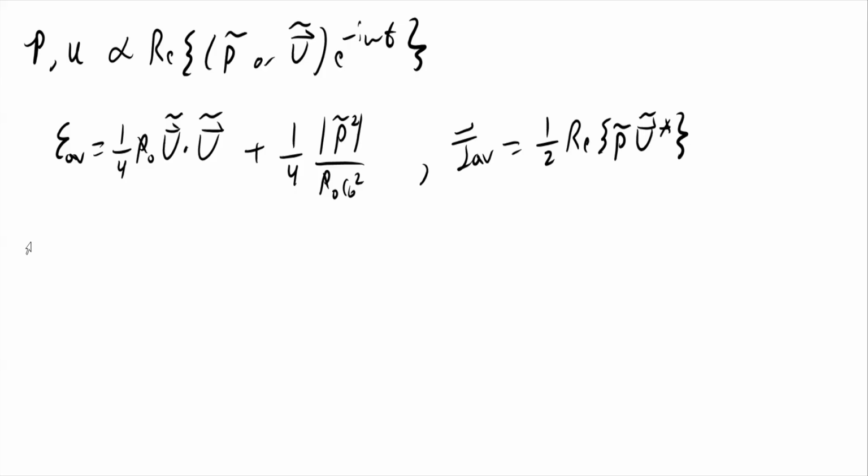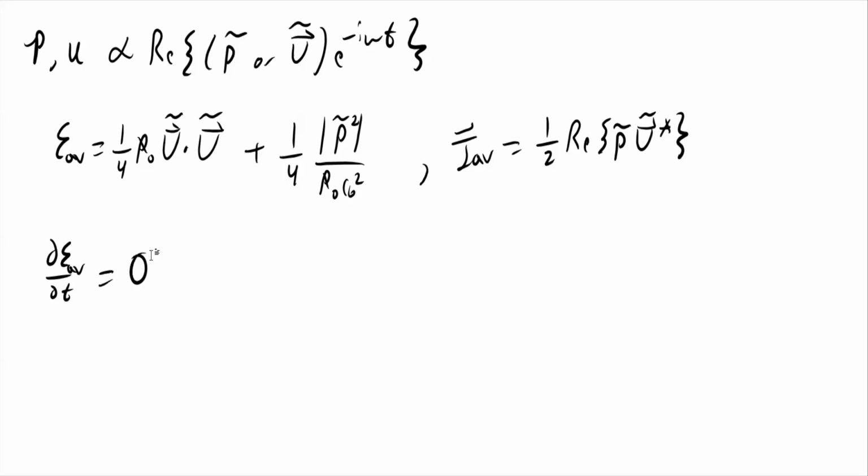Interestingly, if you take a time average of the time derivative of epsilon, that turns out to be 0, since the averaging time is either an integral number of half periods, which would mean it would be 0, or a very large interval, which we can then treat as 0.